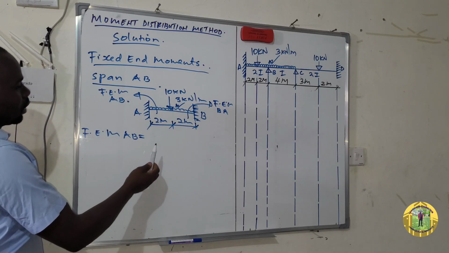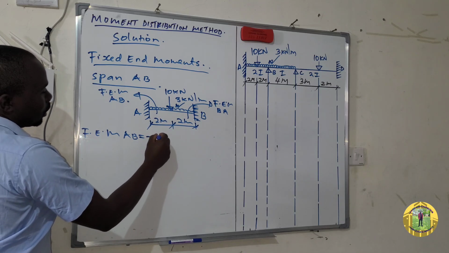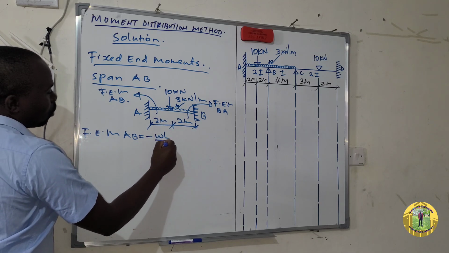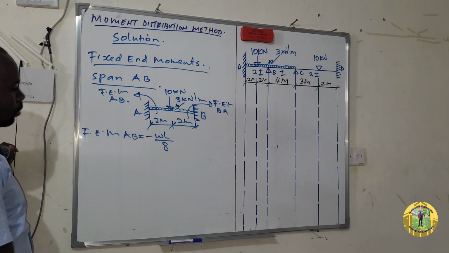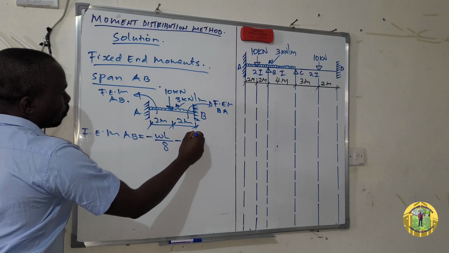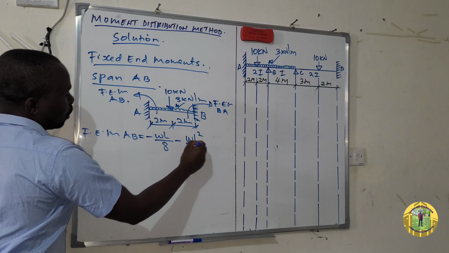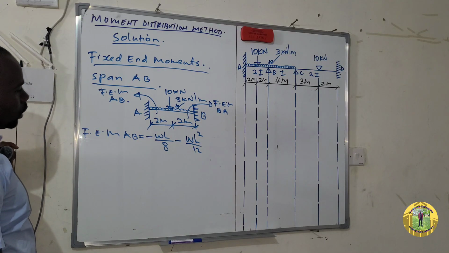We start by writing the formula for the point load, which is minus WL all over 8, because this point load is at the center. Then we come to the UDL: minus WL square all over 12. That is the formula for a UDL.